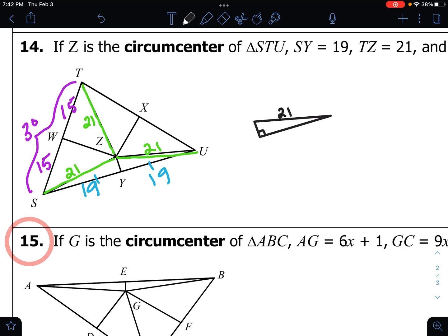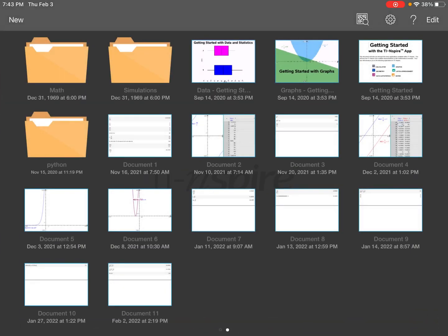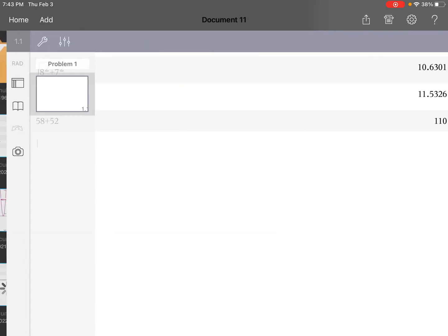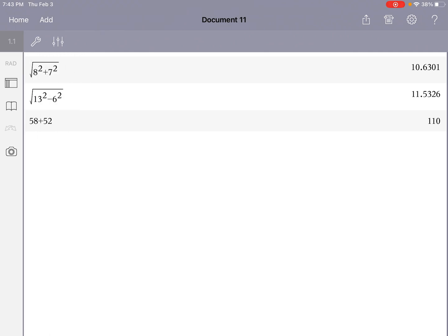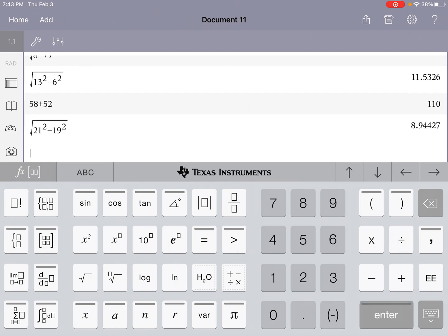So that would be 21, that's 19, and we've got to figure out what that is. We're going to do the Pythagorean Theorem, and since we do know what C is, we're going to subtract. I'm definitely going to leave a calculator for this. Okay, looks like 8.9.